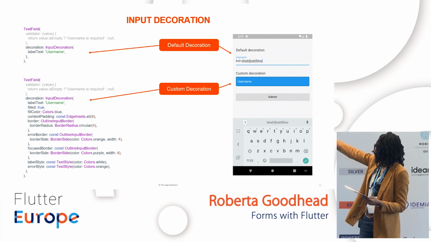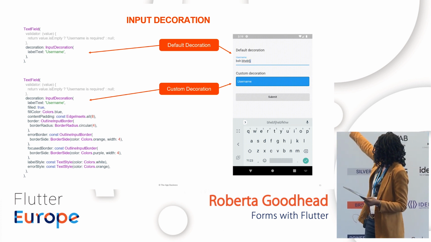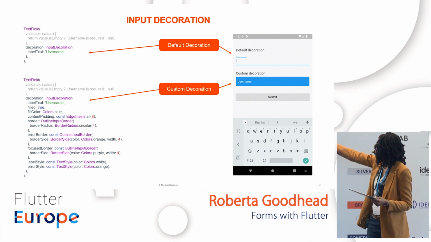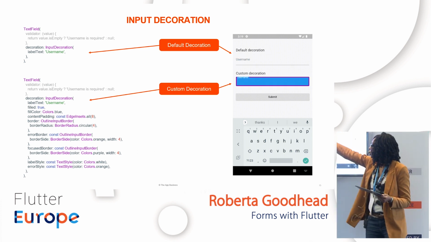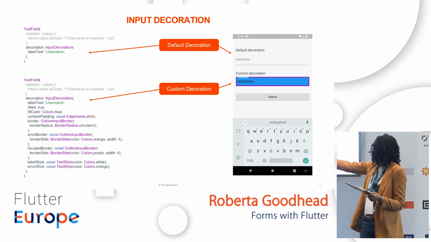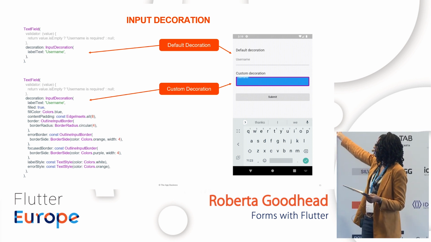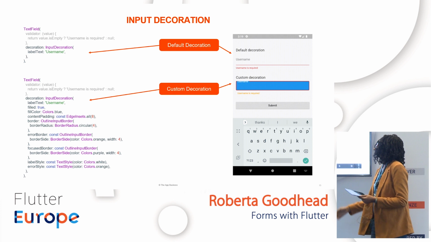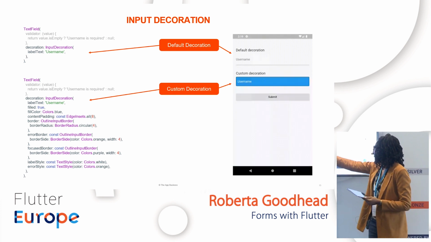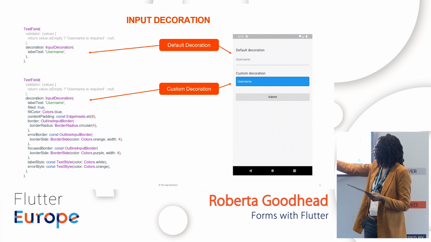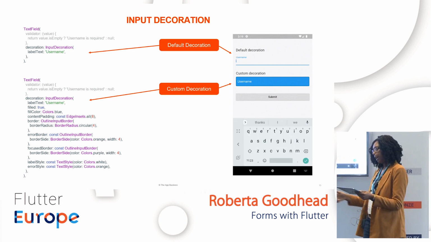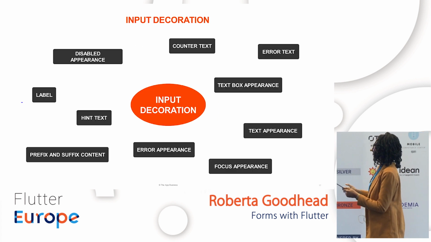So by default, you will get the material styling here, and you can customize it because input decoration can accept a number of properties here for you to create this god-awful design. So here, you can change the fill color, content padding, border, error border, focus border, and amongst others, as you can see here.